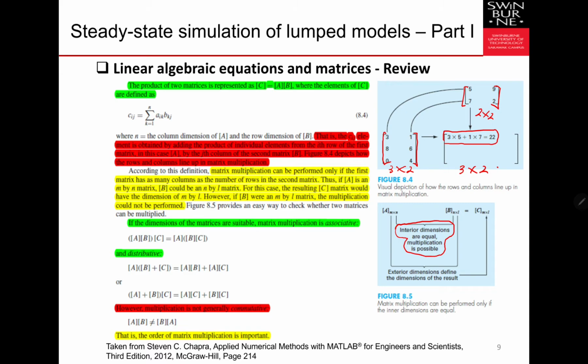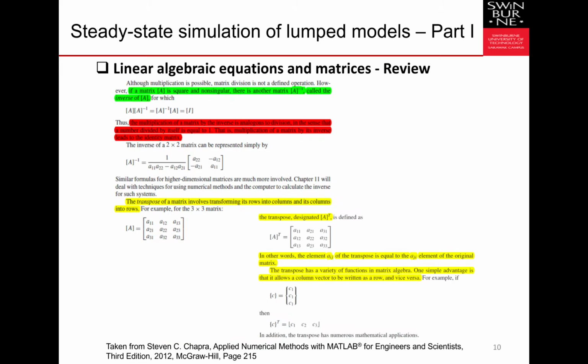Matrix multiplication has an associative nature and a distributive nature. Multiplication is not commutative, however, so the order of the matrix multiplication becomes important.